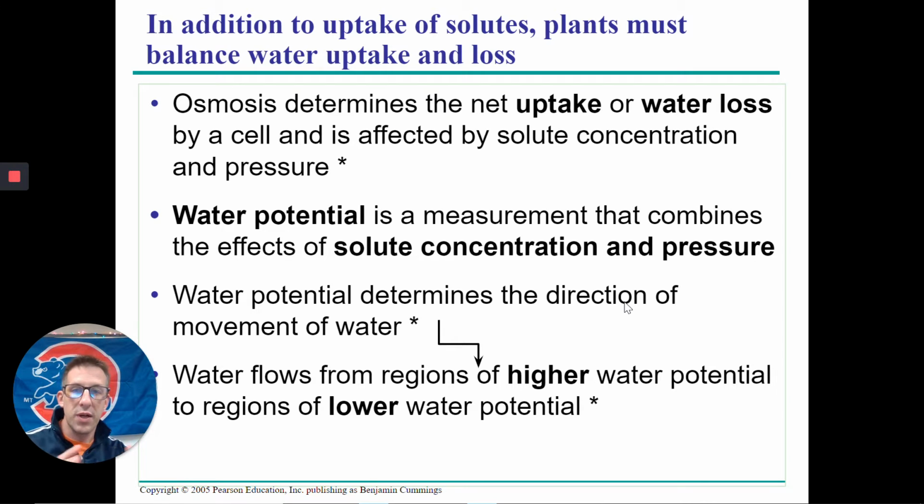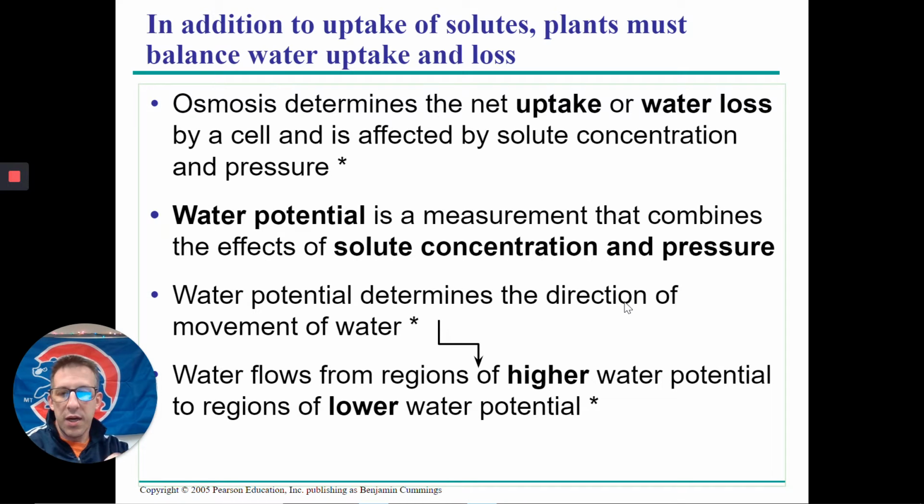In those qualitative examples we saw in the last video, we just looked at the solute concentration that was there. Once we figure out the numbers associated with a certain solution or a certain system, the number we obtain for the water potential can determine the direction of the movement of water.